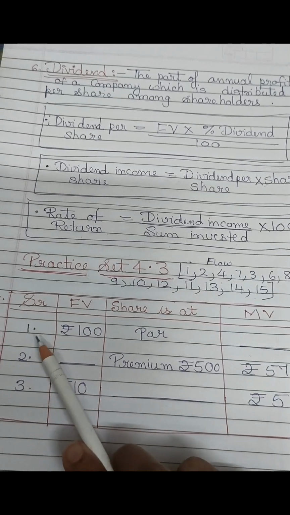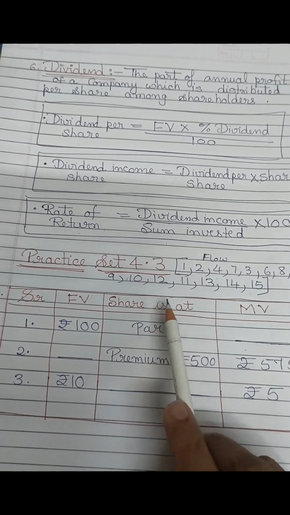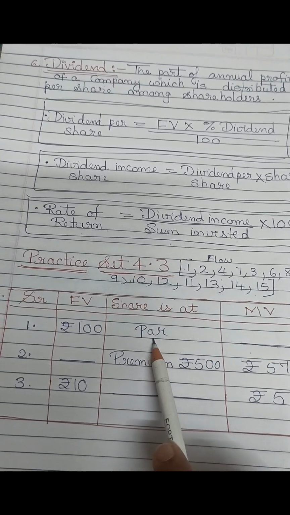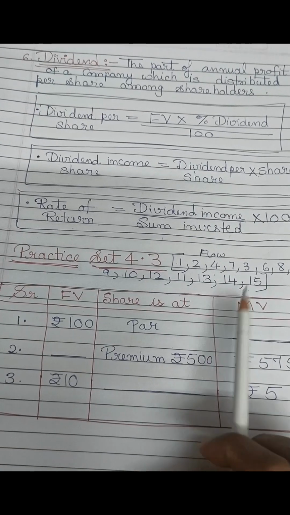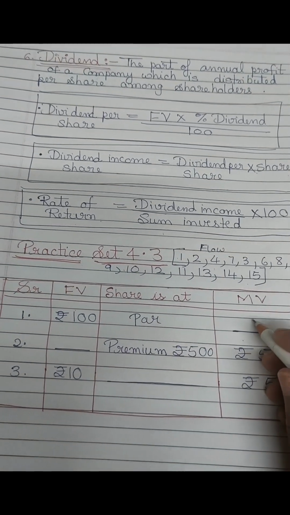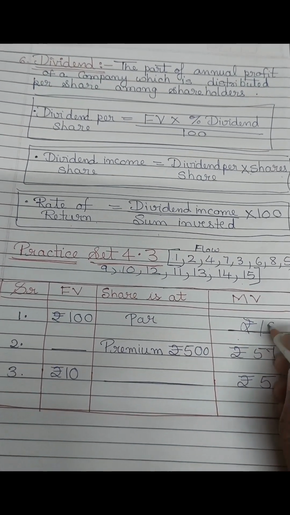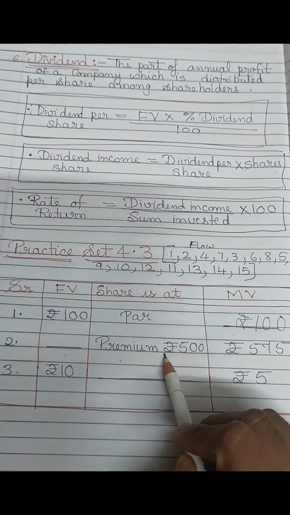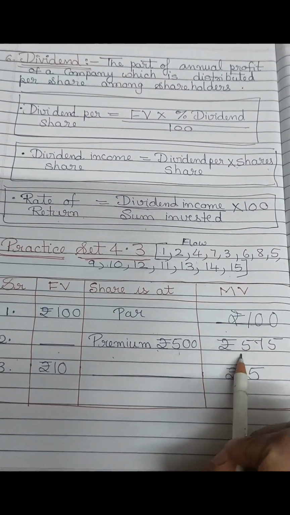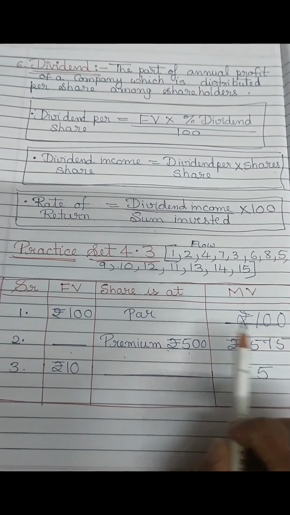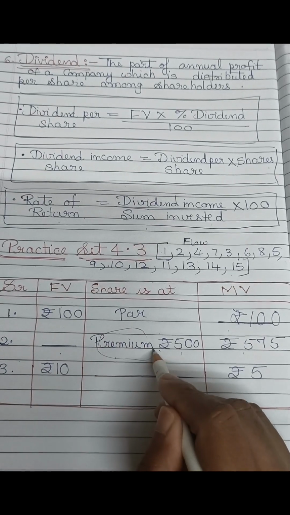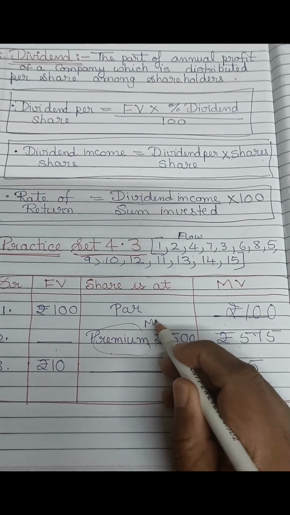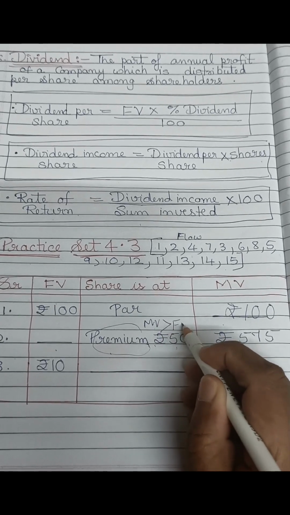So the first question is, FV they have given us 100 and they have said that it is a par. So remember what I told you, par means FV is equal to MV. So your value here would be rupees 100. Next is FV 500 and MV 575, a premium. So when the word premium comes, you know that MV is greater than FV.